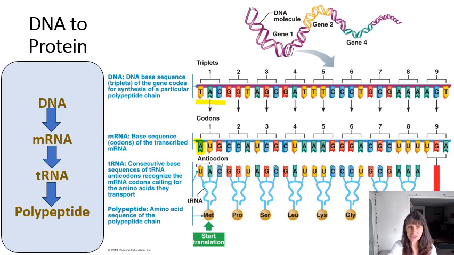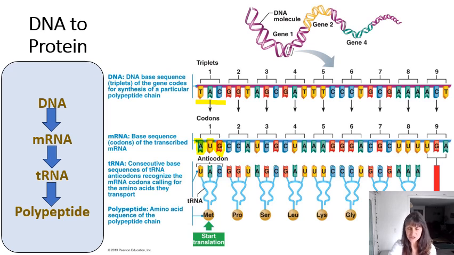The second nitrogenous base in this first triplet, being adenine, is going to be matched with its complementary nitrogenous base pair as uracil, because RNA does not contain thymine. We know that cytosine, the last nitrogenous base in the first triplet, is going to be paired with guanine in the messenger RNA.